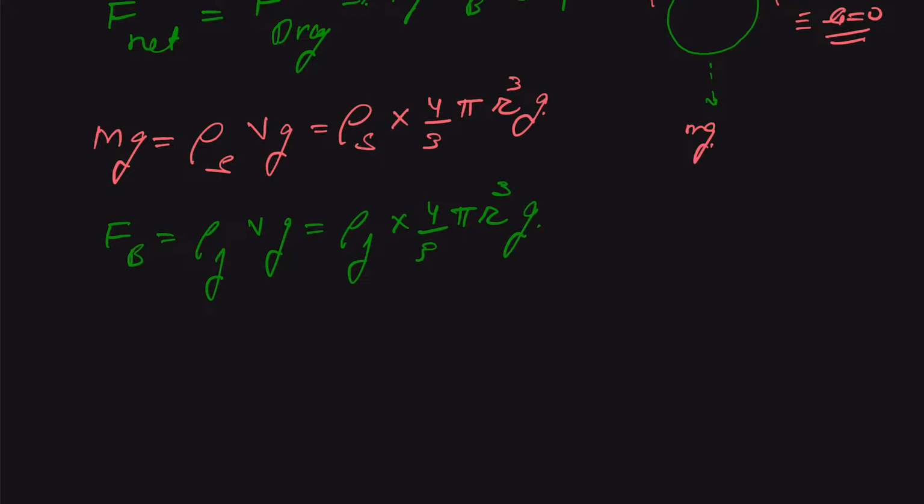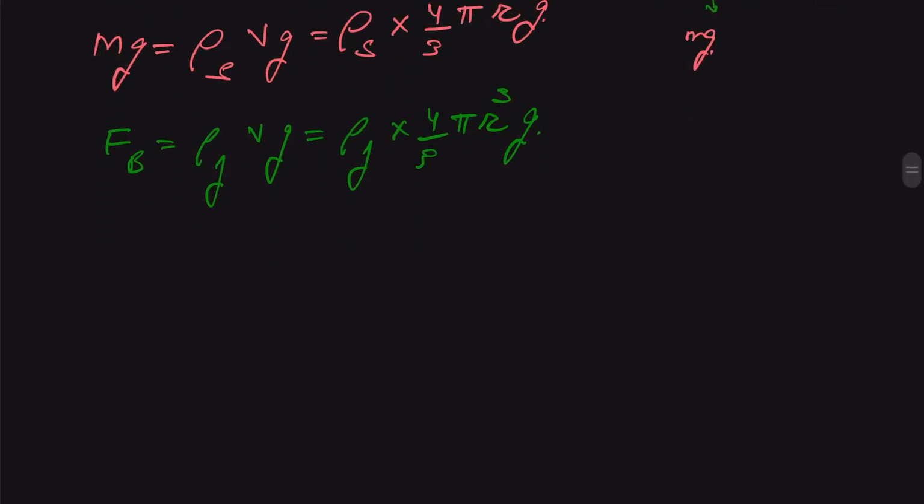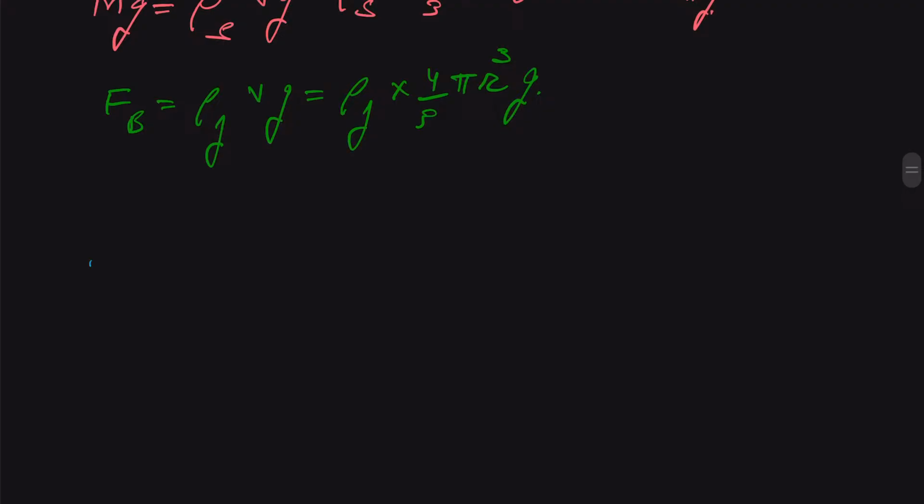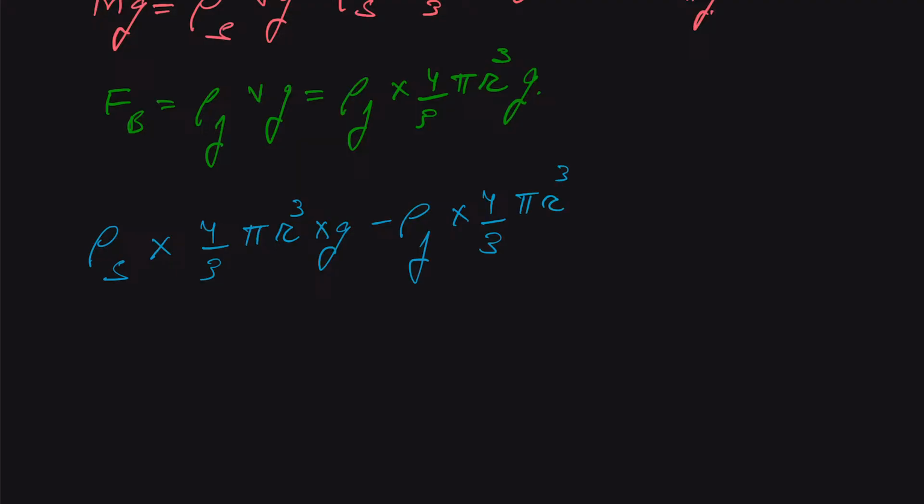So we simply substitute them. We get the density of the sphere times 4 by 3 pi r cube multiplied by g, minus the density of the fluid times the volume displaced, because that is the buoyant force, 4 by 3 pi r cube multiplied by g, is equal to 6 pi mu r times v.